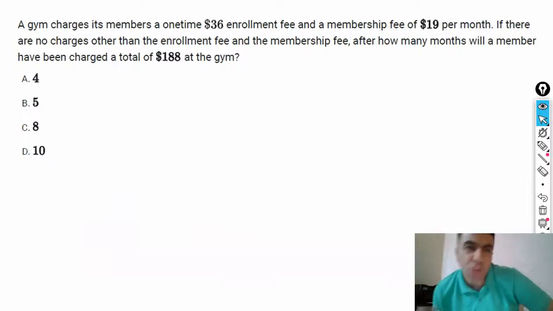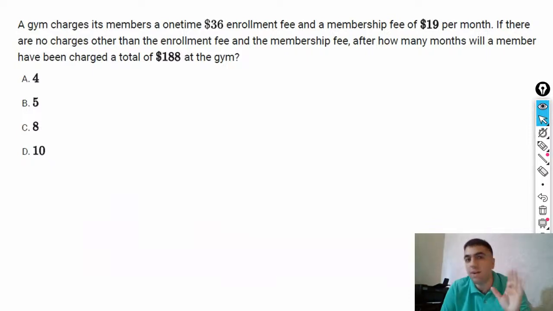A gym charges its members a one-time $36 enrollment fee and a membership fee of $19 per month. If there are no charges other than the enrollment fee and the membership fee, after how many months will a member have been charged a total of $188 at the gym?